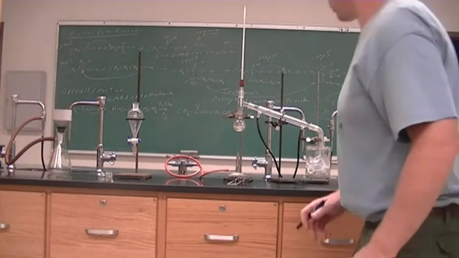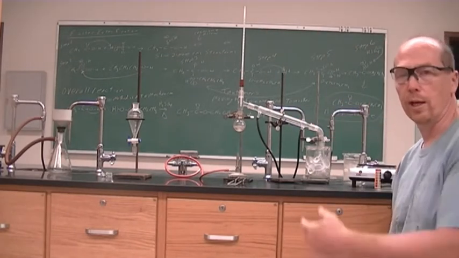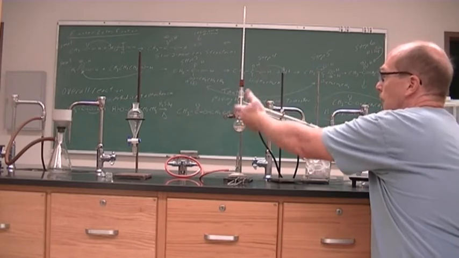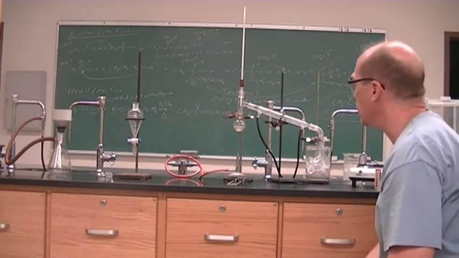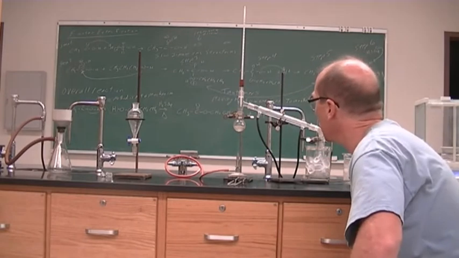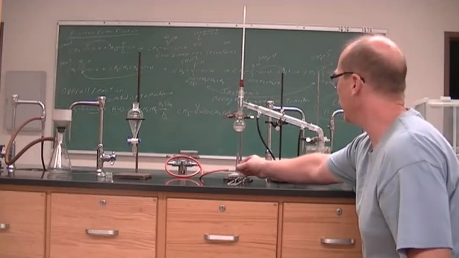All right, we don't want to boil too fast so that we don't get any liquid being shot up through there. We want the vapors to come up, condense, and go down. So it is looking pretty good. Might be a little bit fast on the heating.